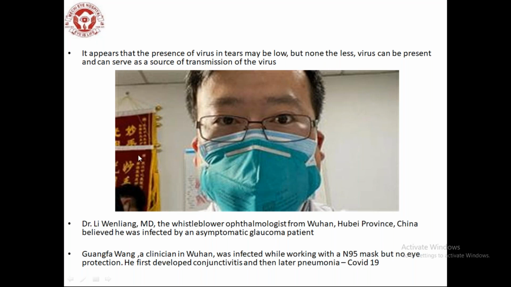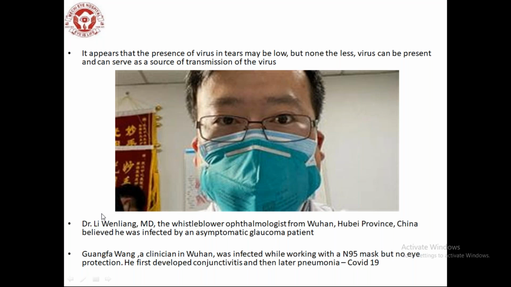There is another case where Guang Fawang, a clinician in Wuhan, was infected even with wearing N95 mask, but he was not wearing any eye protection. So it is speculated that his conjunctivitis developed via tear or conjunctival pathway and later developed pneumonia, and he also died.